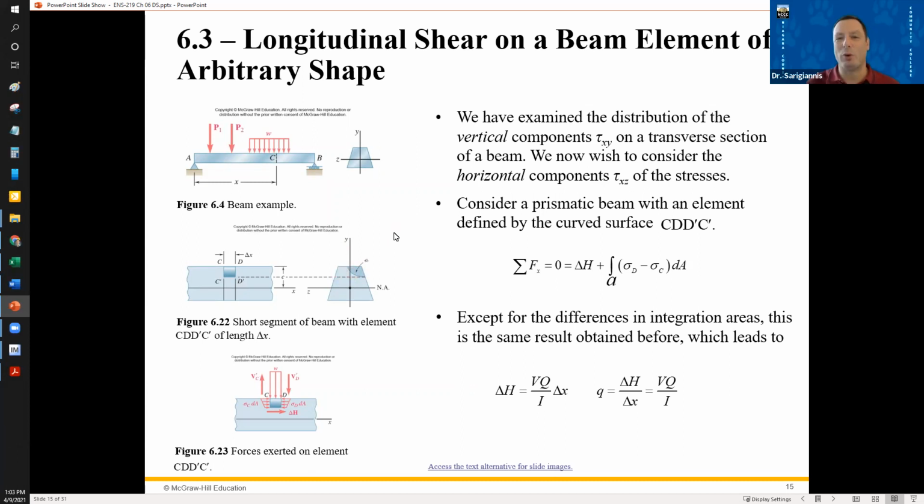And the question comes up, well, what about vertical components? Let's see, horizontal components on the, let's say, tau XZ, right? So remember, when we talk about tau XY and tau XZ, we're talking about the X face, the plane that's perpendicular to the X direction, right?